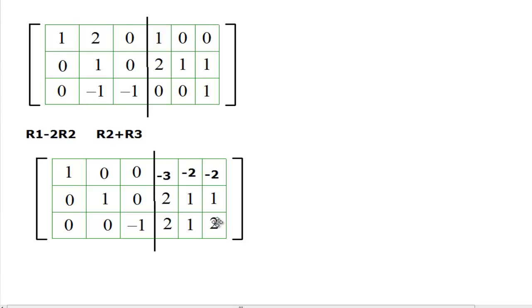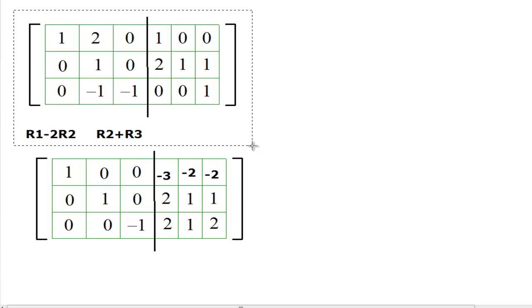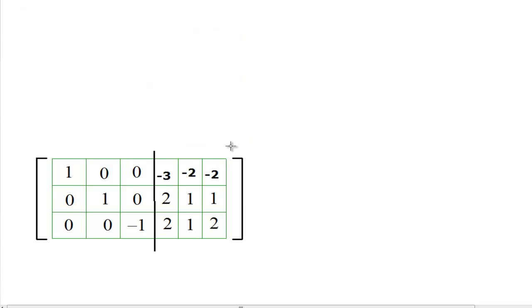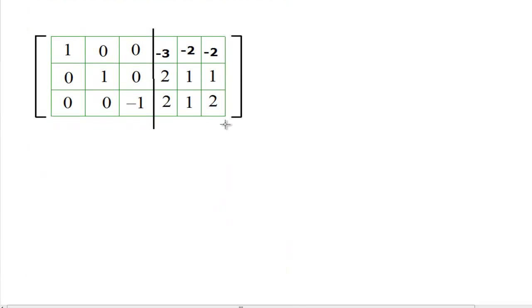Okay, now what we would do is that we shall take up the third entry in the third column and transform that to 0, right? No, sorry, I apologize. Third entry in the third column and transform it to a 1. All right, okay, so here we go. Now that's our last part, because we can see this task is already accomplished. So we are going to multiply the third row by a -1.